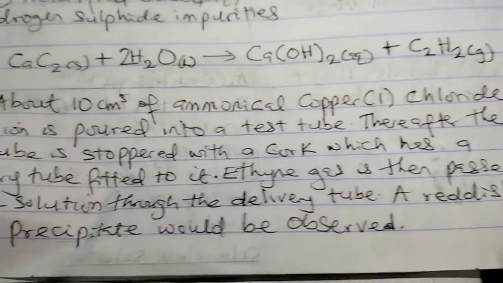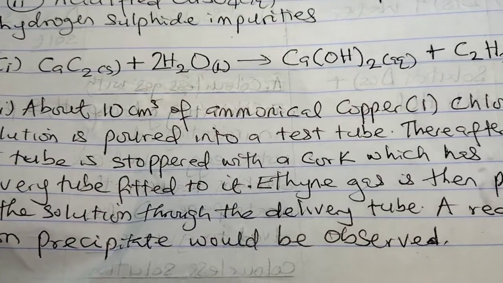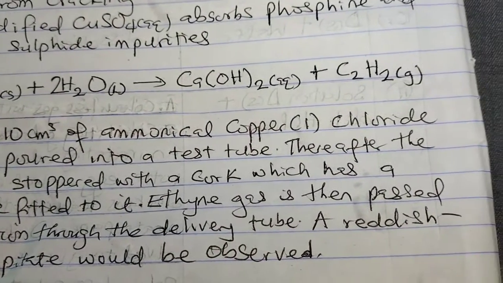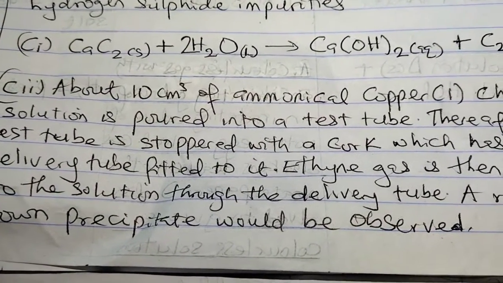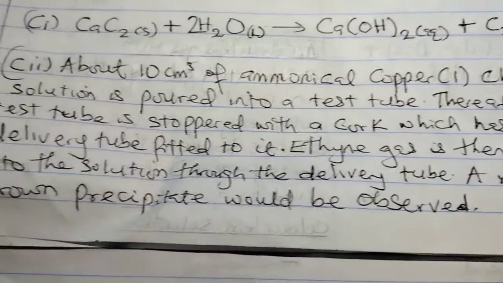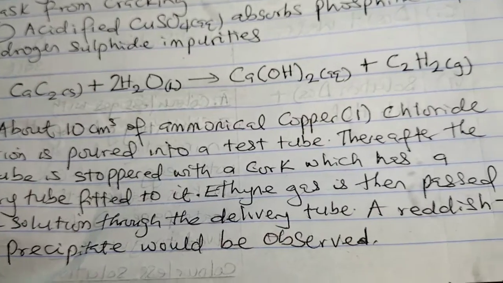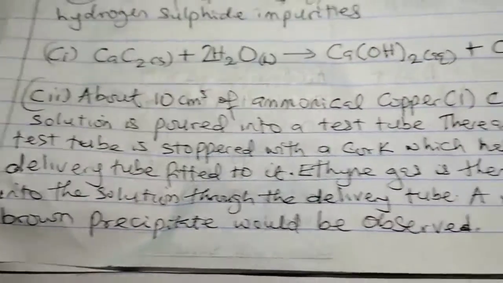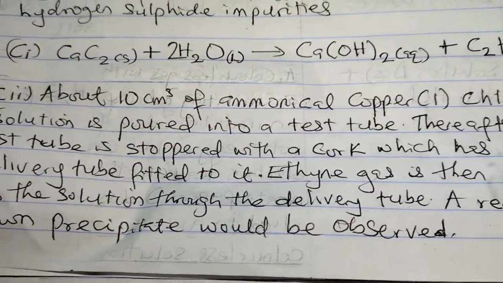Thereafter, the test tube is stoppered with a cork which has a delivery tube fitted to it. The gas is then passed into the solution through the delivery tube. A reddish brown precipitate would be observed.